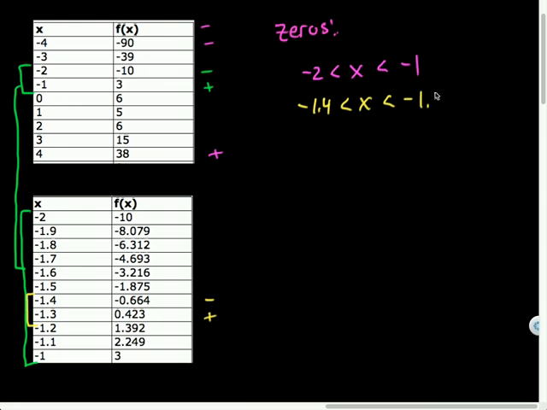analysis. And the directions said, approximate the real zeros of the function to the nearest tenth. So I would have actually said negative 1.3 is a better guess than negative 1.4. Why do you think I would choose 1.3 rather than 1.4?